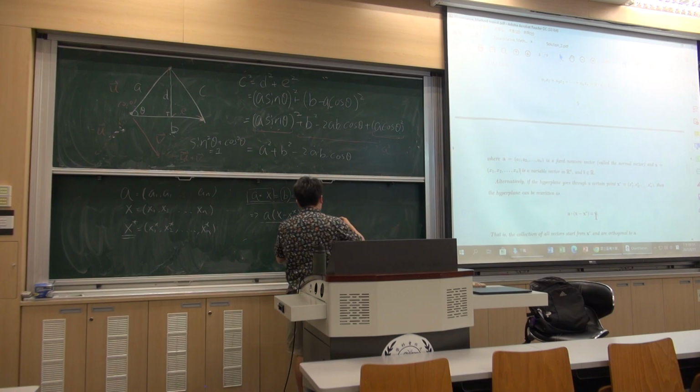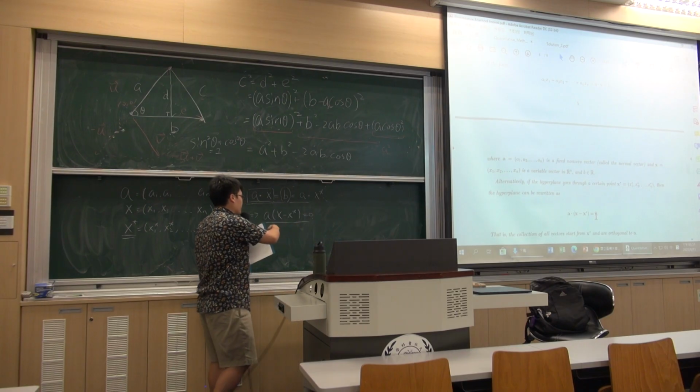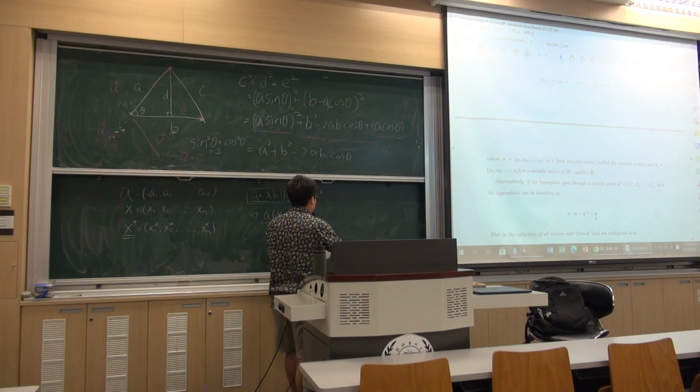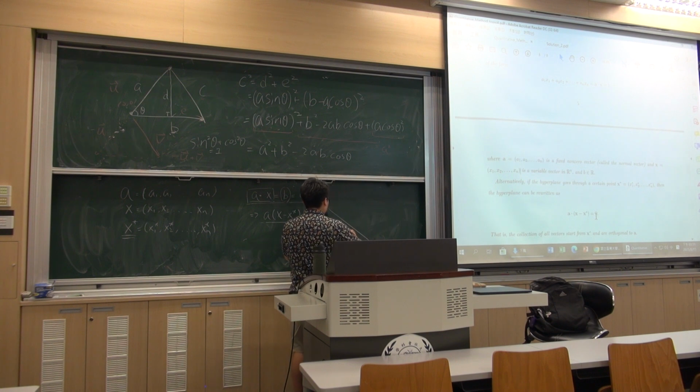Okay, so there's another way to think about this one. We are looking for a hyperplane in R2. A hyperplane in R2 is actually a line here.